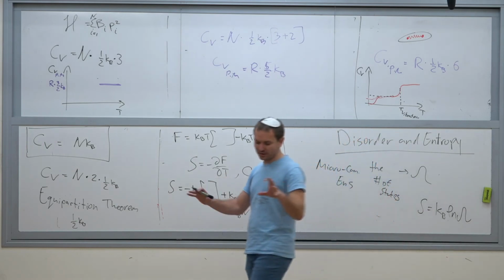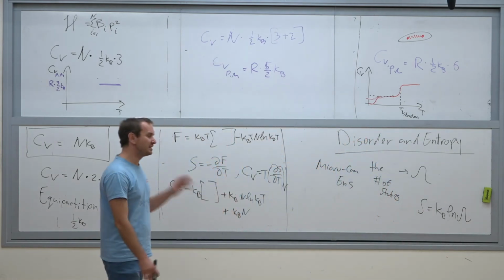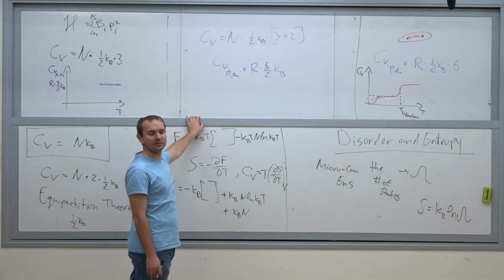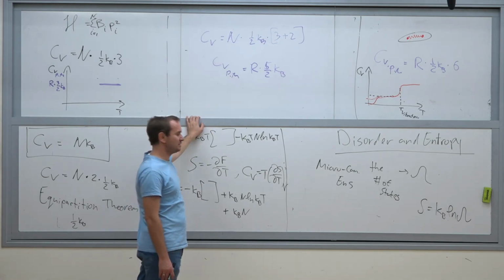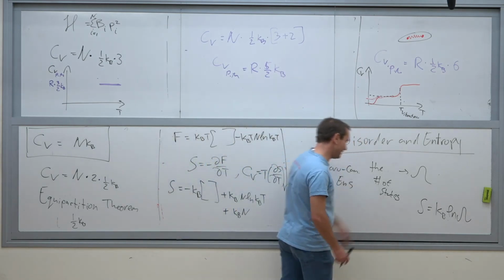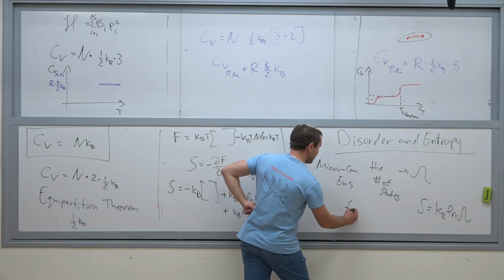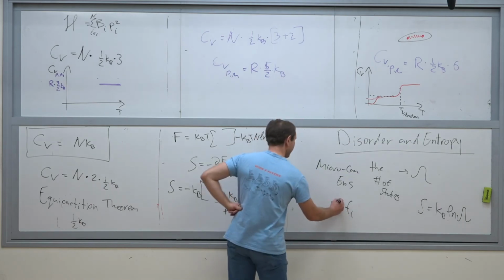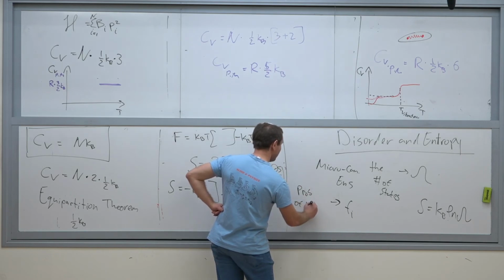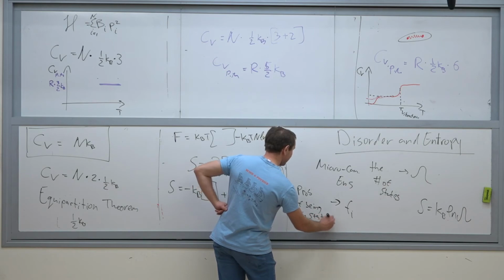And we have shown that this definition of the entropy satisfies whatever we've been using from the thermodynamical perspective. Now, in this case, we also define the probability of being in state i.